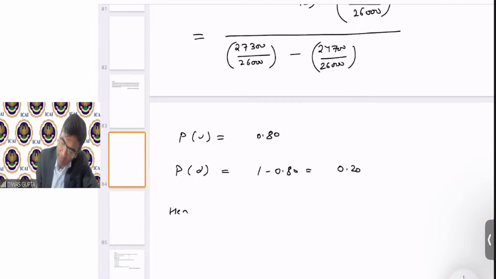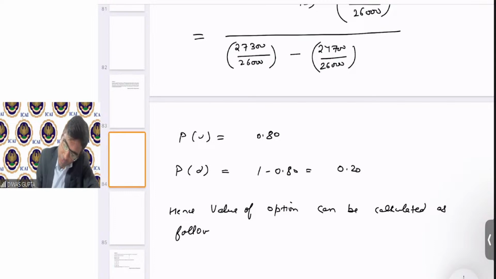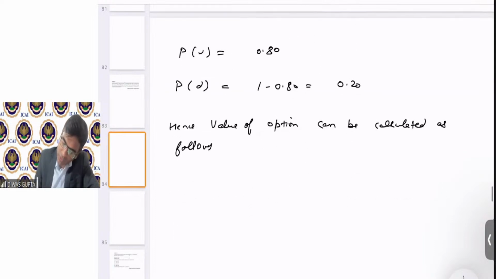Hence, the value of the option can be calculated as follows. Okay, so the events are price going up and price going down. The strike price is 26,000, correct?